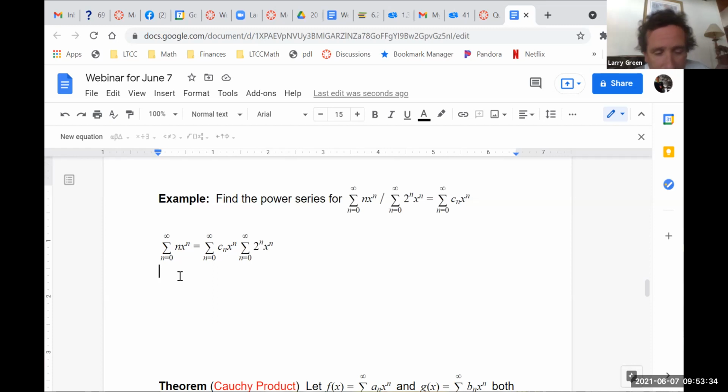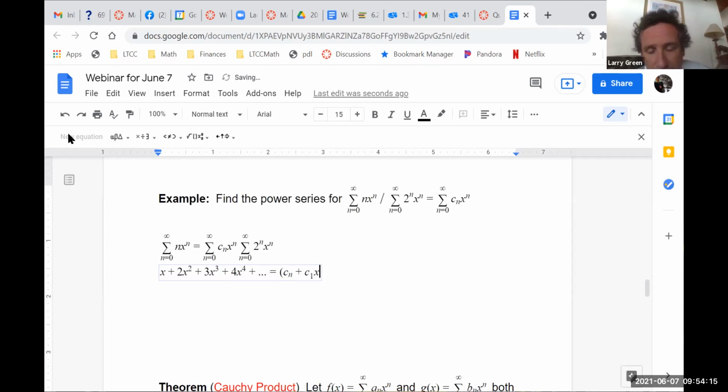If n is 1, we get x, plus, n is 2 is 2x squared, plus 3x cubed, plus 4x to the fourth, plus dot, dot, dot, equals, and then we plug in n for the first one and you get c naught, plus c1 x, plus c2 x squared, plus c3 x cubed, plus dot, dot, dot, and then times, now let's plug in again.